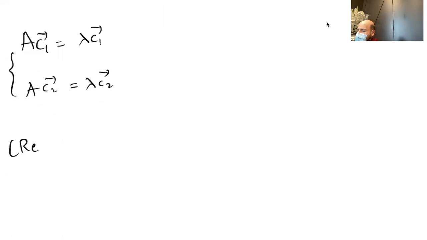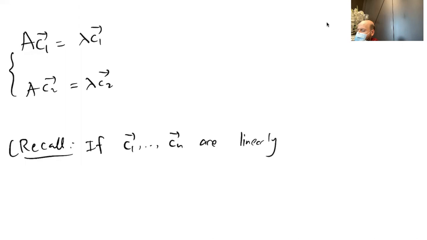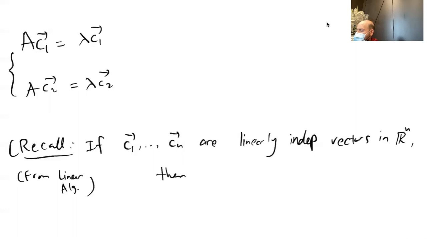Recall this is a fact from linear algebra: if C1 to Cn are n linearly independent vectors in Rn, then C1 to Cn will be a basis for Rn.